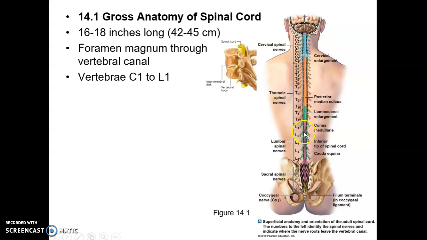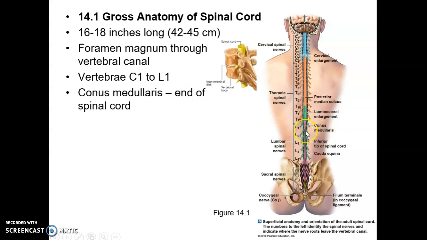And it starts at C1, cervical 1, meaning spinal nerve cervical 1, all the way down to about L1, right about the start of the lumbar vertebrae. And the tapered end of the spinal cord is called the conus medullaris.